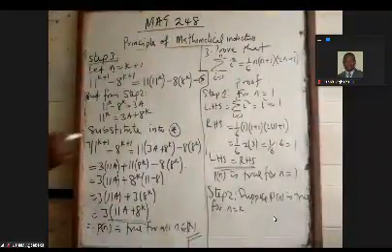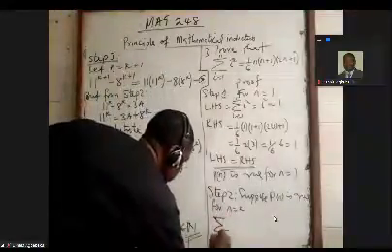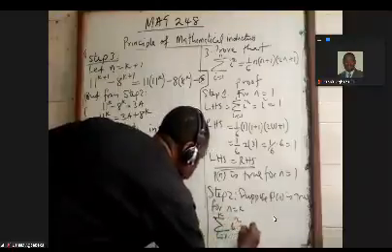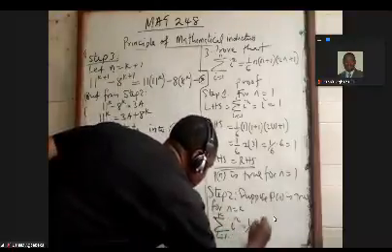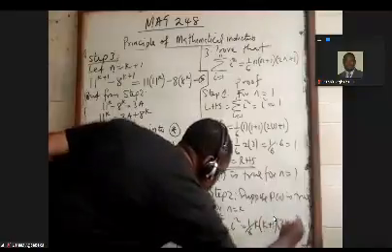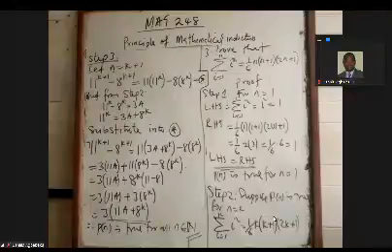Now, starting from the left-hand side is summation i equal to 1, instead of n, I go to k plus 1, of i squared. Now we're going to simplify this until we get a formula on the right-hand side that looks like this one, but with n replaced by k plus 1.